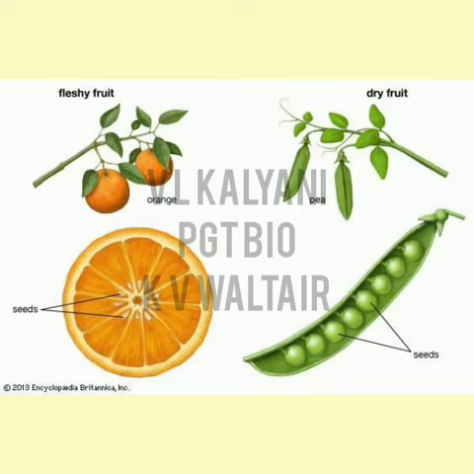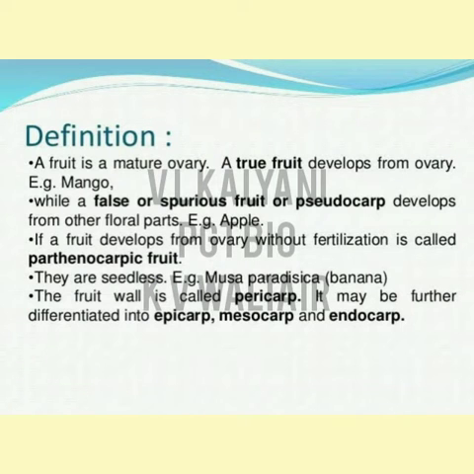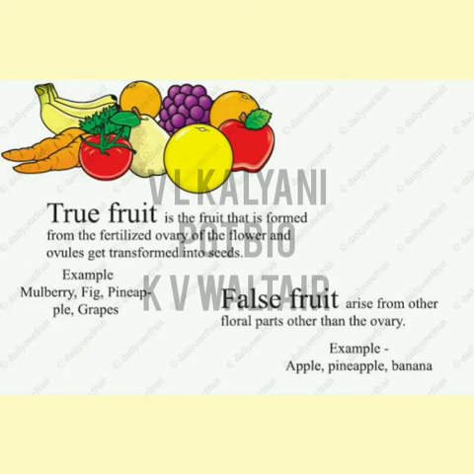Another classification is also there, depending on the formation of a fruit. One is called a true fruit, another is a false fruit, and one more variety, the parthenocarpic fruit. So what is the difference between them? True fruit is where, children, the ovary develops into fruit.